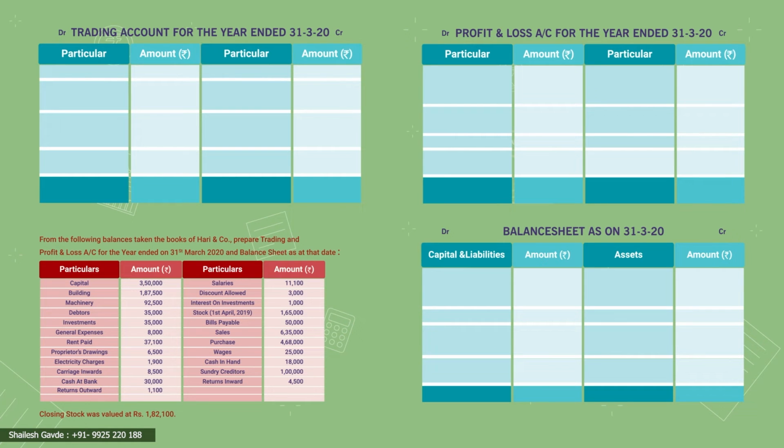So what we did, we just have the formats of trading, profit and loss account and balance sheet ready. Now we classify profit and loss account debit side into 4 different groups of indirect expenses: administration expenses, selling and distribution expenses, financial expenses and other expenses and losses.